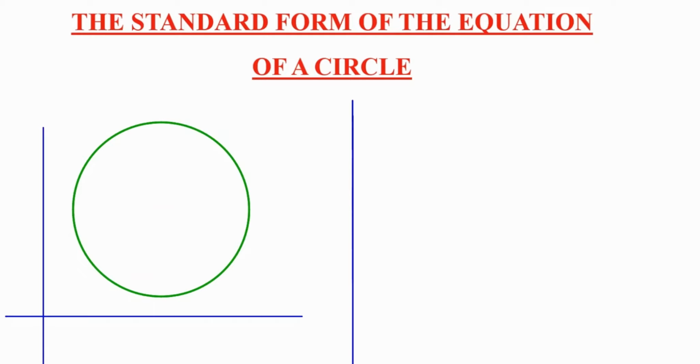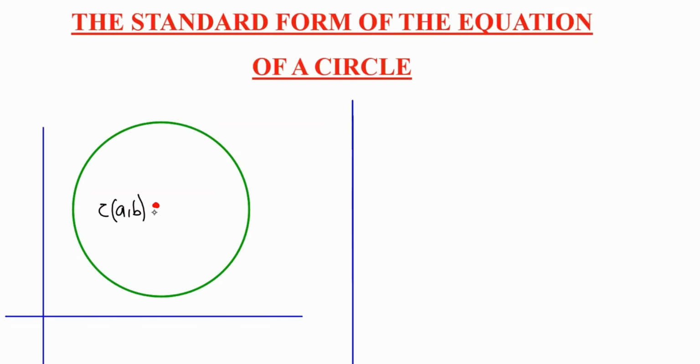The fixed point here is the center. Let's indicate our center in this circle. The center is made up of coordinates, so let's represent the coordinates by A, B. They are the coordinates of the center.